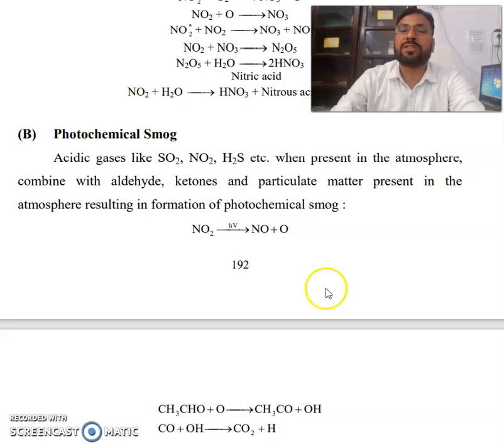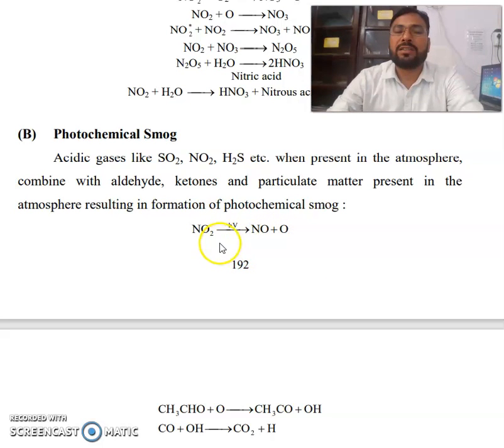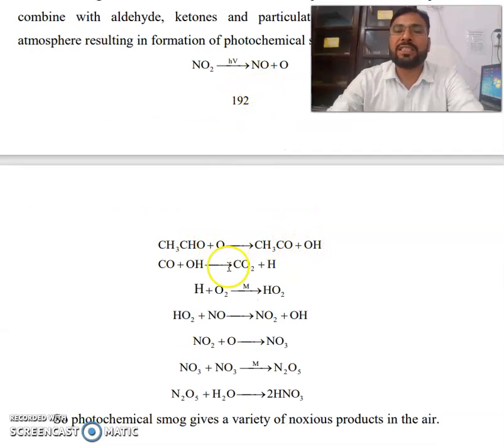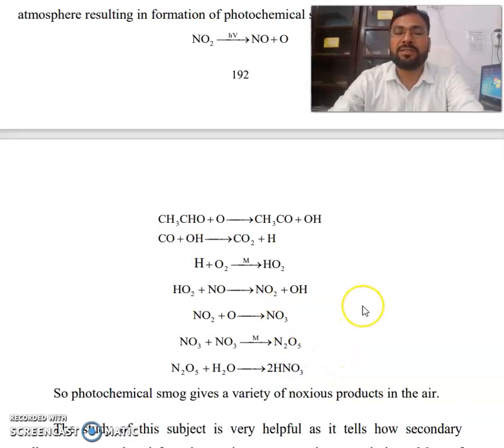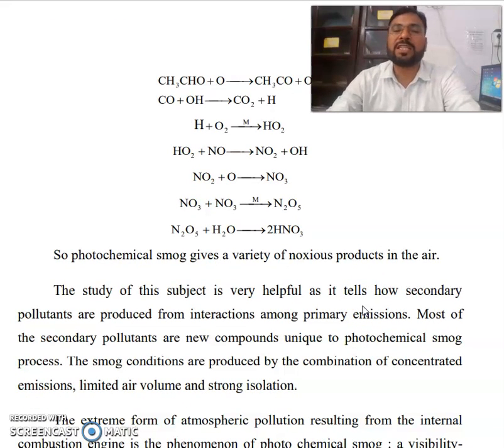Look at here, nitrogen dioxide breaking off the bonds. After taking this oxygen, this acetaldehyde is converted into this form, and after many steps you can see nitric acid, dinitrogen pentoxide, nitrate, like this. So photochemical smoke gives a variety of noxious products in the air.